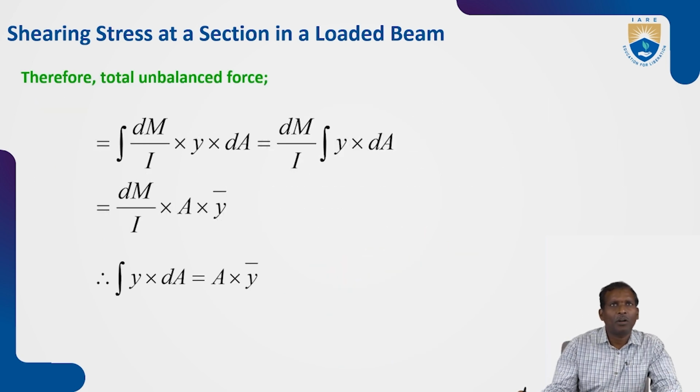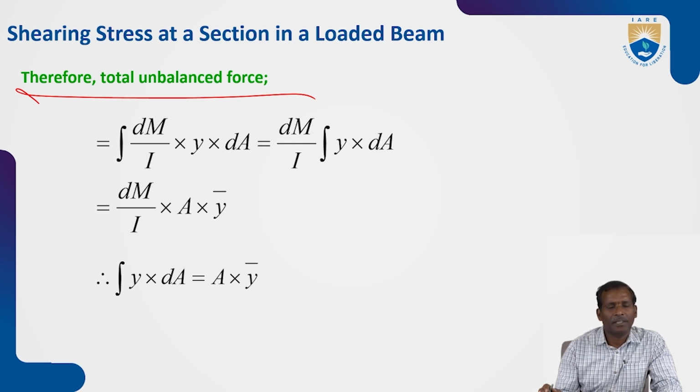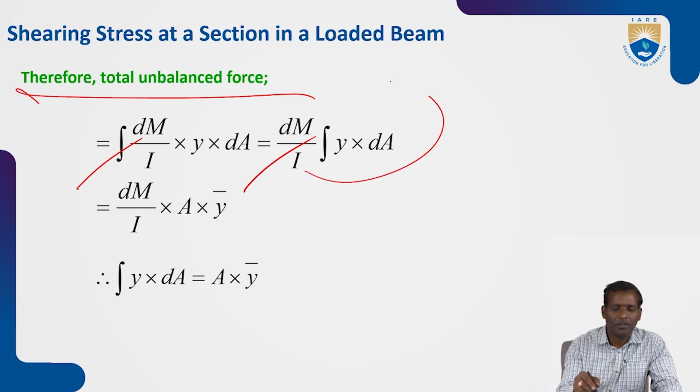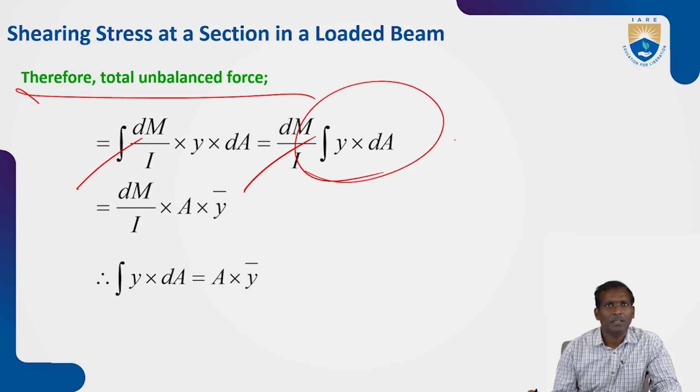So therefore, the total unbalanced force you can write by integrating throughout the section dM by I into y into dA. So take dM by I common, and integrate y into dA.